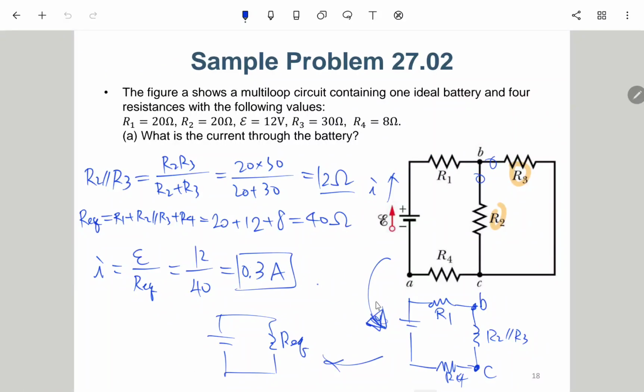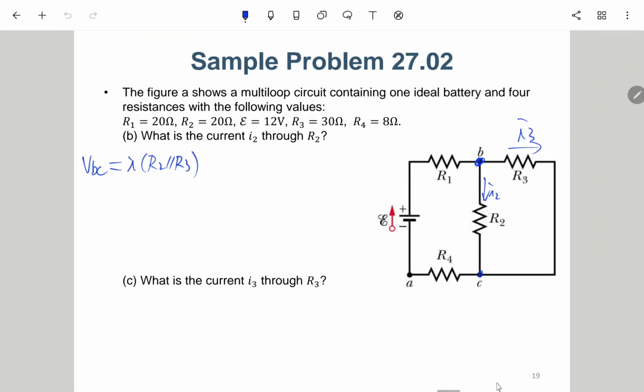So this is I, going through R2, R3. So VBC will be I times R2 parallel R3, which is nothing but 12 times 0.3, which is 3.6 volt.